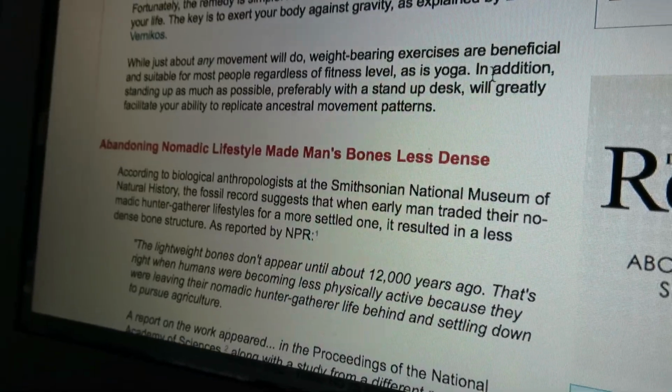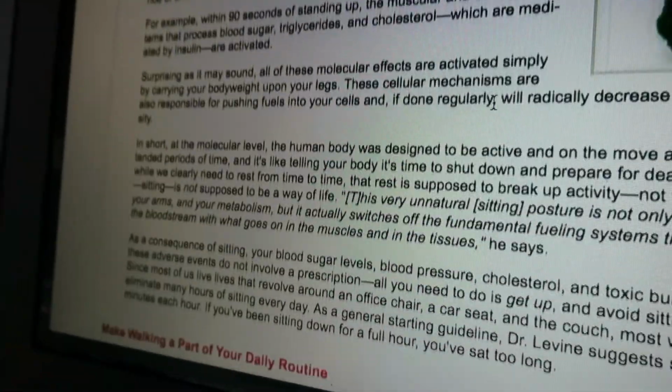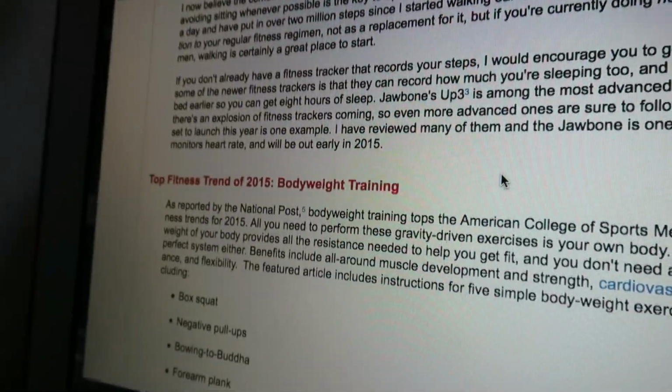Basically, it tells you why you should not sit on your butt for long periods of time, which I've always known inherently. That's why I stand up more frequently in my lifestyle. I could never have a life where I sit for long periods of time. I would go crazy.